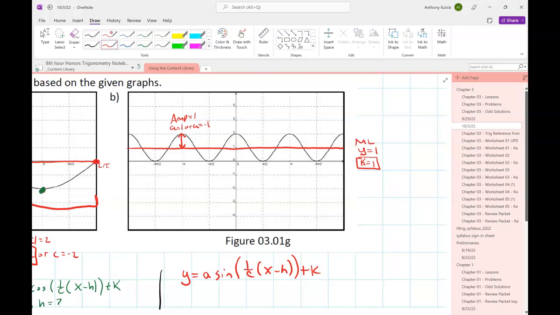Last thing we're going to do is look for our period. So if I count from max to max, that's going to be a period, right? How far did that go? Pi units long. So I know then that c was 1/2 or -1/2.